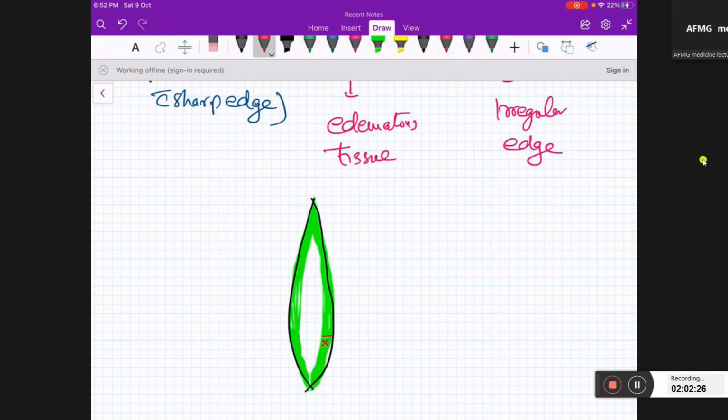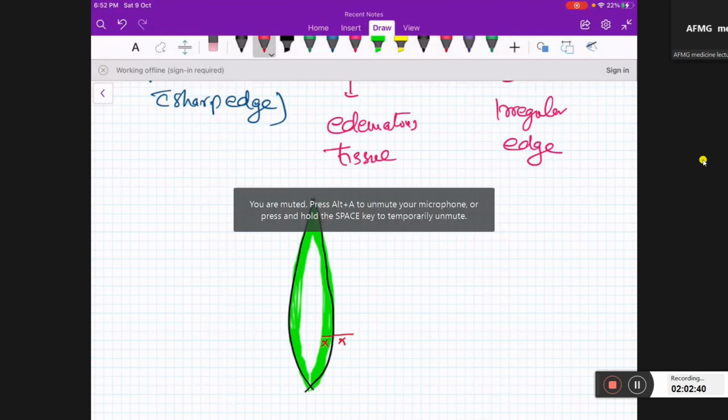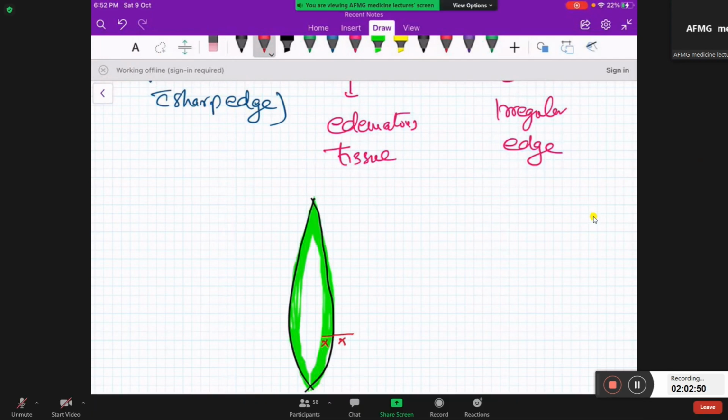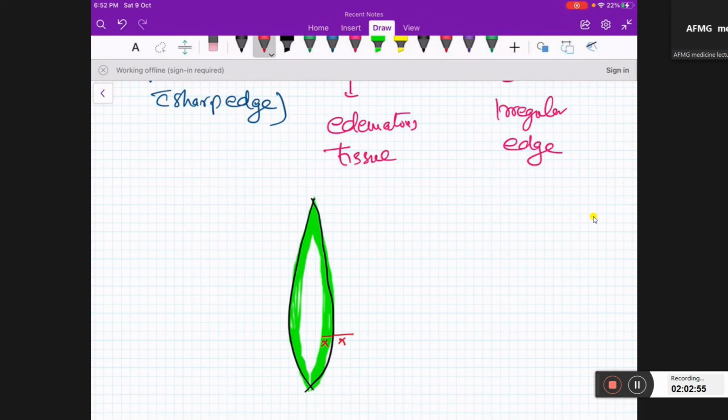So what I'll do is insert my needle at a right angle. The needle is to be inserted at a right angle. Any time I insert a needle into a tissue, I will insert it at a right angle. This was the question asked. So I will hold this tissue with forceps, and from the free edge of this tissue, I'll take X distance, the same distance as the thickness of the tissue I am approximating.